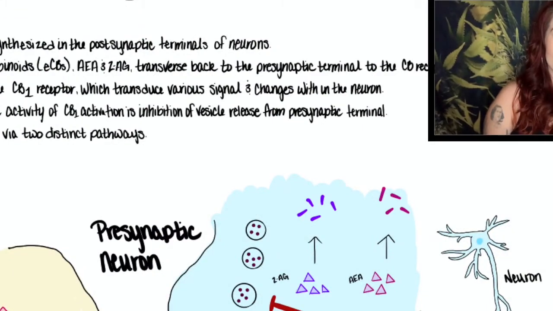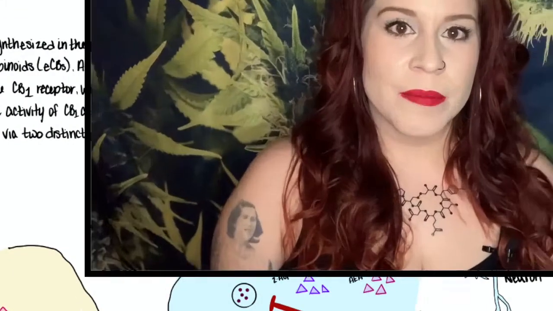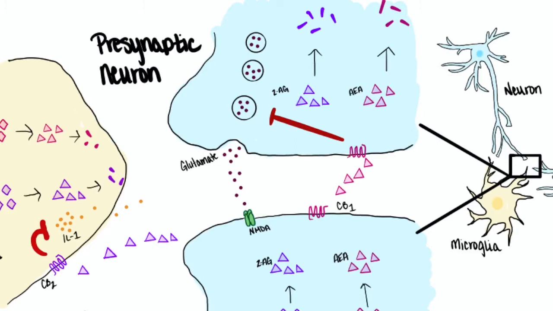Once these endogenous cannabinoids are synthesized in the postsynaptic terminal of the neuron, they traverse back to the presynaptic terminal. This is known as retrograde transmission. The reason why this is called retrograde neurotransmission is because typically we think of neurotransmission beginning at the presynaptic terminal of neurons, where the neurotransmitters or signals are synthesized and then flow out towards the postsynaptic terminal where they modulate signals.